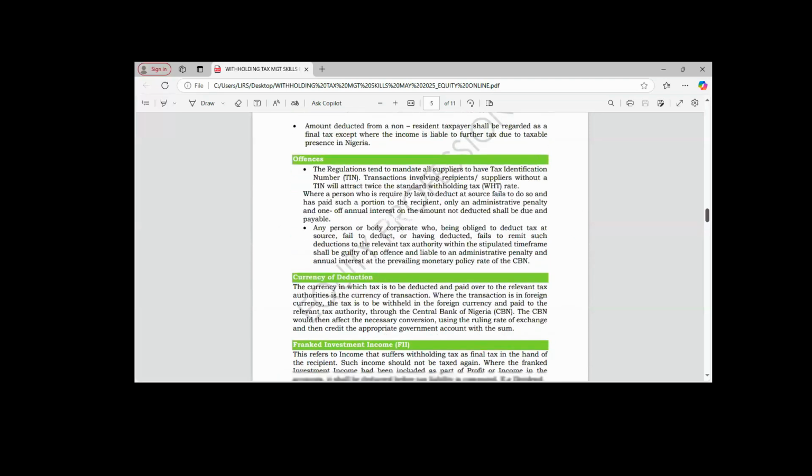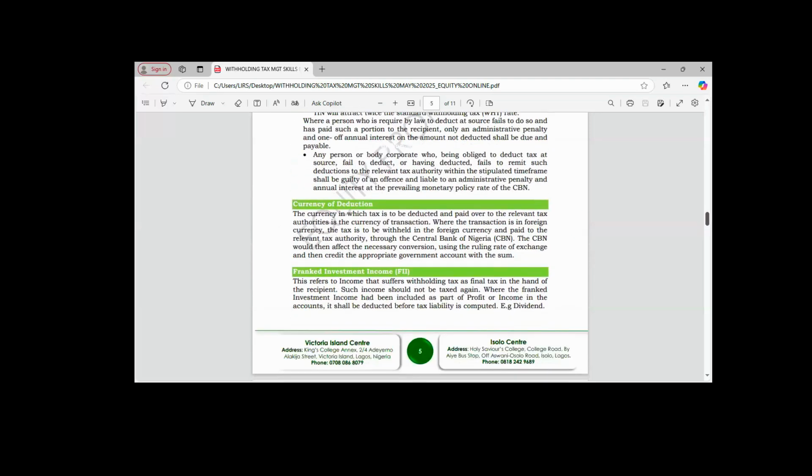So do we get that? So that is what they are saying about that. So the currency of deduction is the currency of the transaction, which is what you are going to deduct and remit to the relevant tax authority. Then there are some incomes that are regarded as franked investment income.